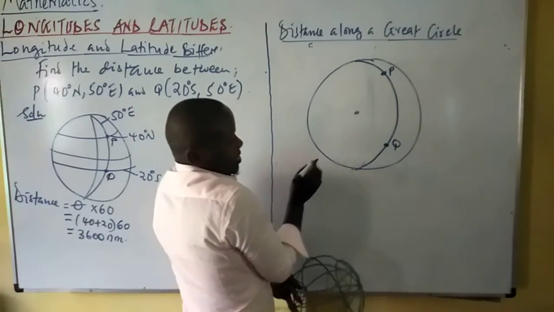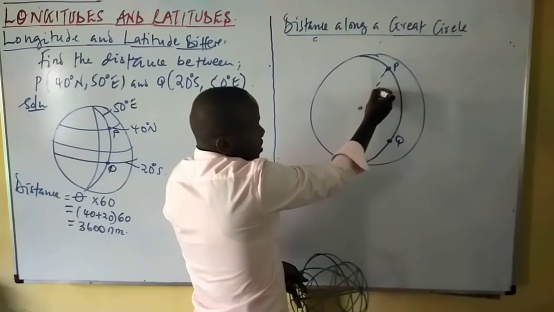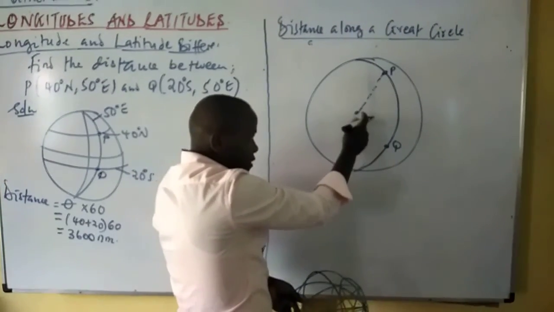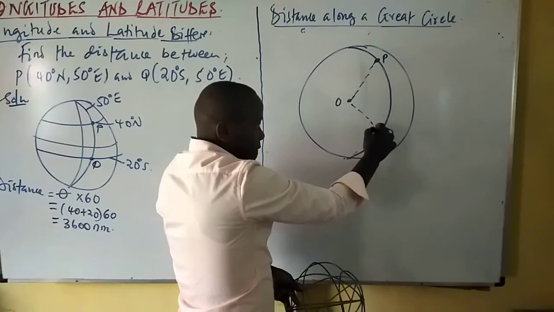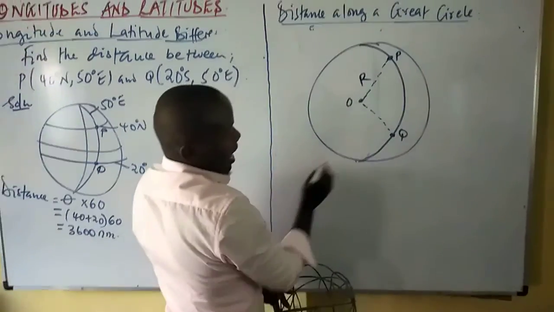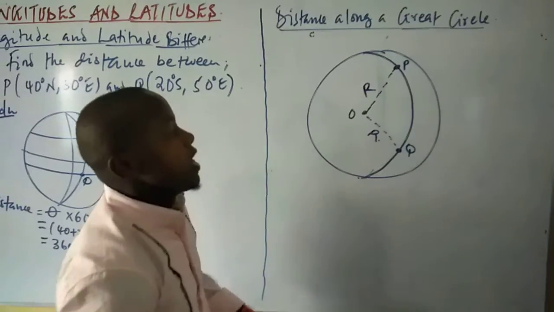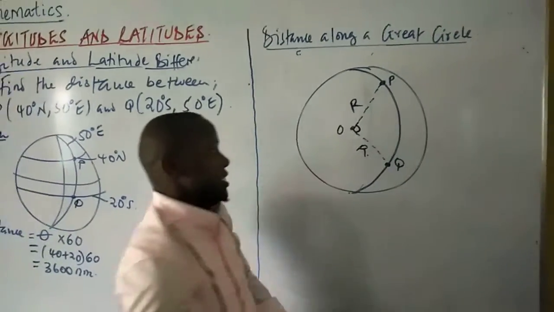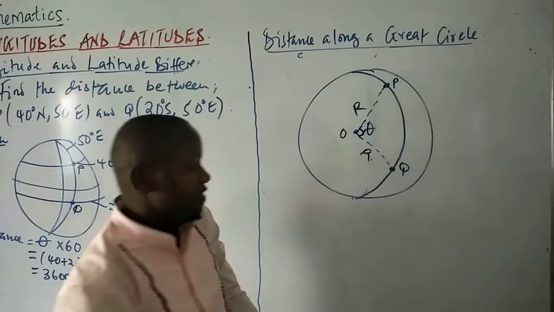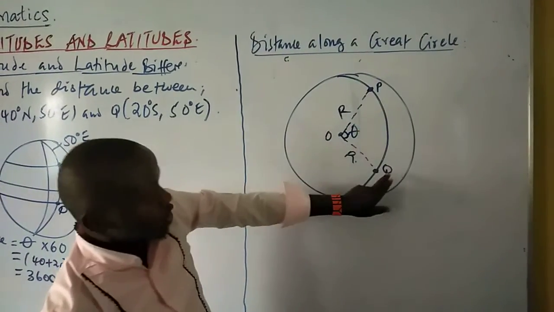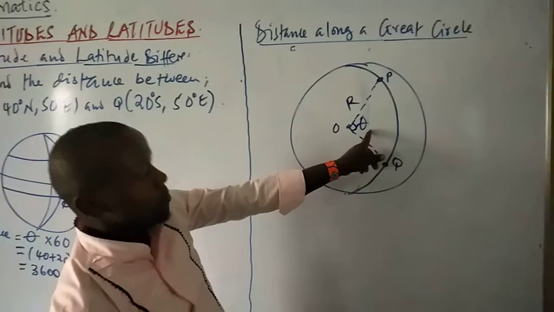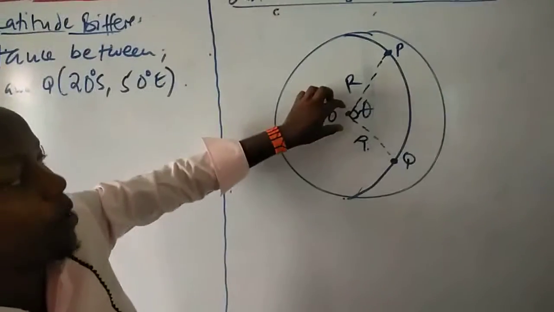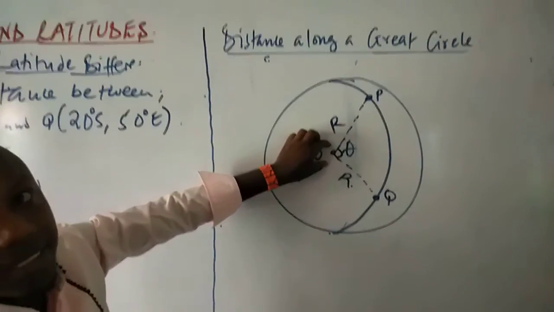Because the places are on the surface of the Earth, and this is the interior of the Earth, we can consider this to be the radius of the Earth. Then we consider this one as the angle between the two places from P to Q. We extend a line from each place to the center of this sphere.